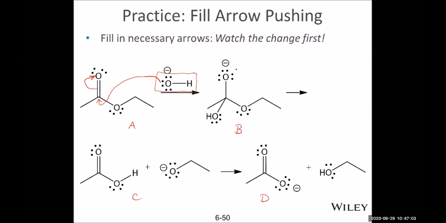And also notice this oxygen negative charge becomes an oxygen carbon double bond. So there are 3 lone pairs. One lone pair needs to move away. First step, it must start from the lone pair, to form the double bond.